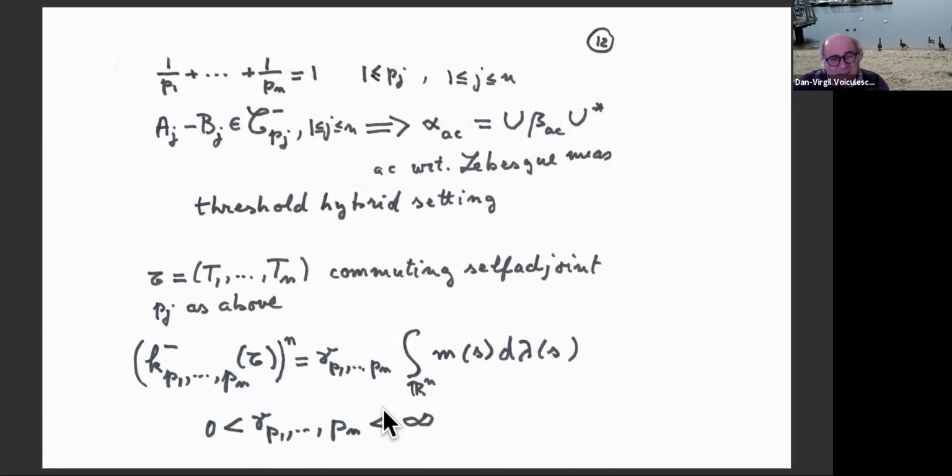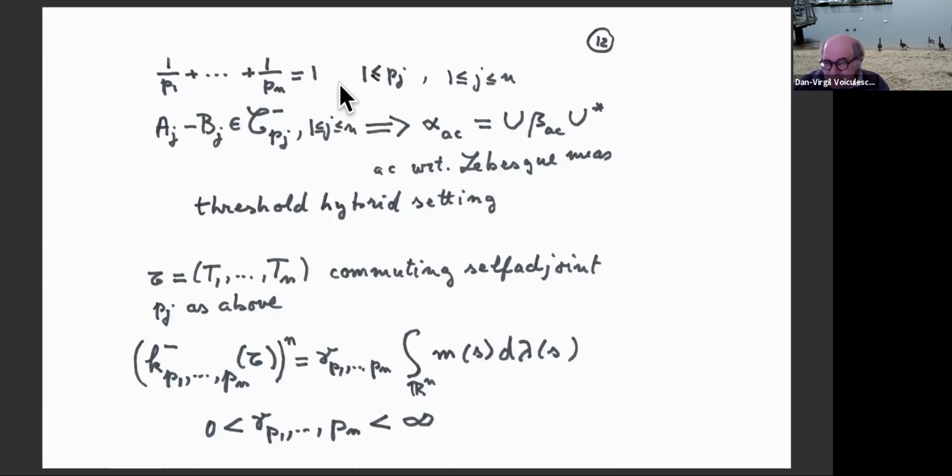Now, instead of looking at 1 over n, I am looking at 1 over p_1 plus ... plus 1 over p_n equal to 1.